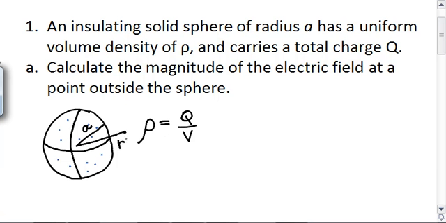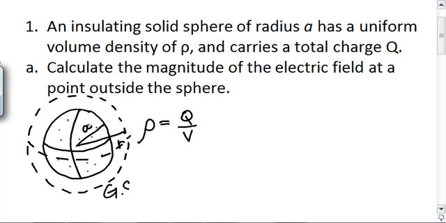Now, to use Gauss's law to make this super easy, because otherwise it's ridiculously hard, we can draw a Gaussian surface around this sphere. So imagine you can put a bubble around the sphere of charge. That's called the Gaussian surface. I usually abbreviate it GS.